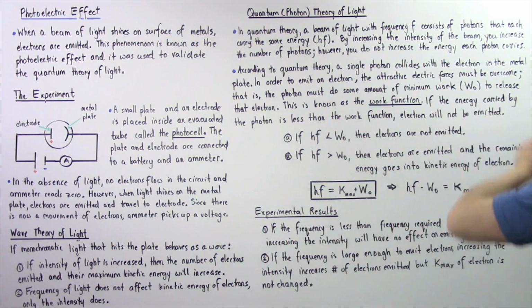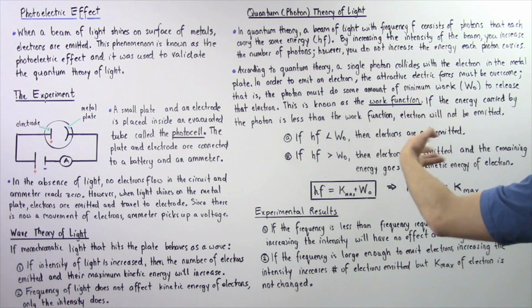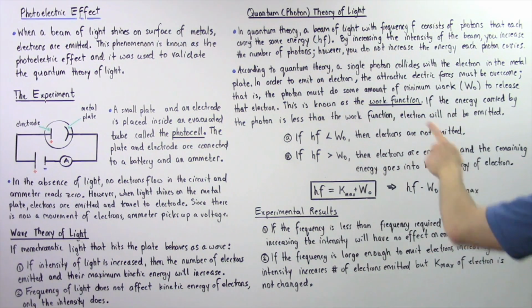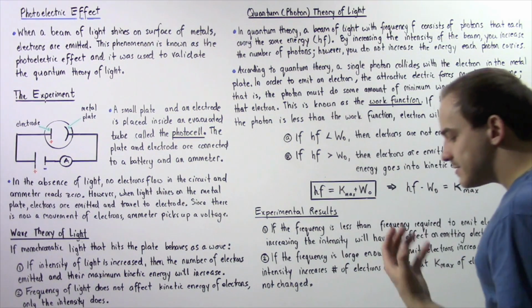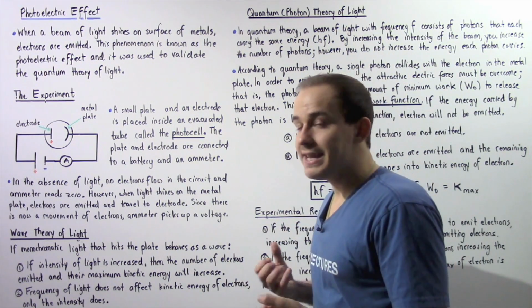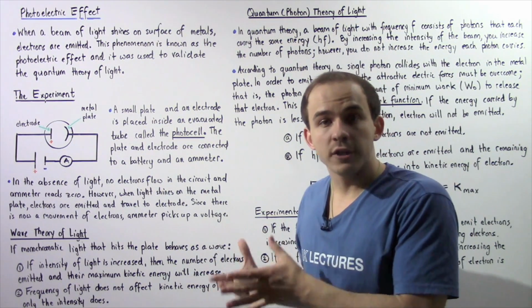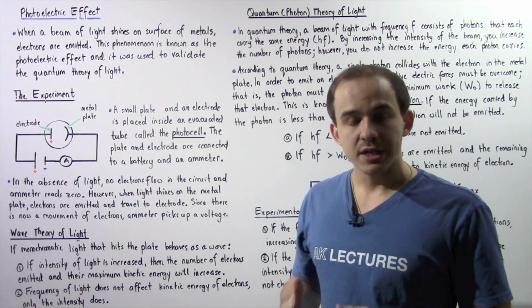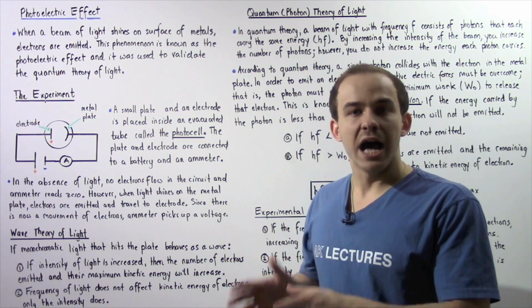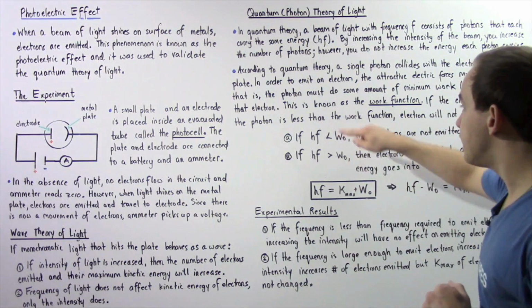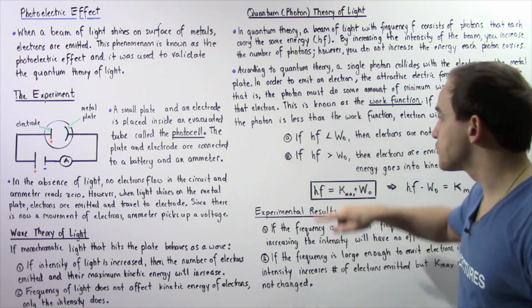And this work is known as the work function. Now, if the energy carried by the photon is less than the work function, the electron will not be emitted. So, we have the following two important results.